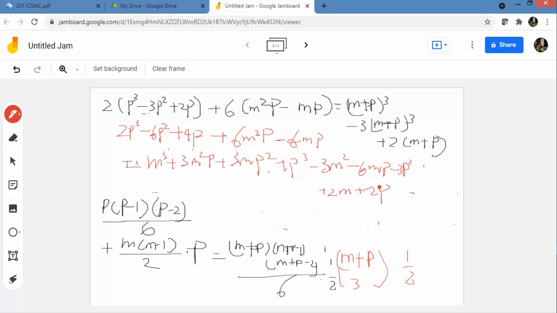Okay. Here we now merge them together. So basically we have m squared, this one, and this one changing to negative that one, right? And this will be gone, negative.